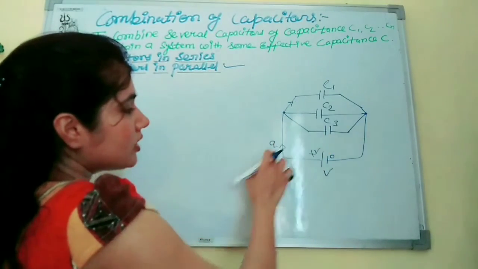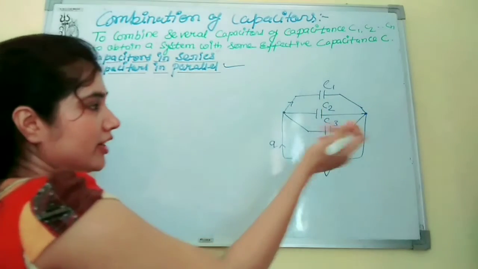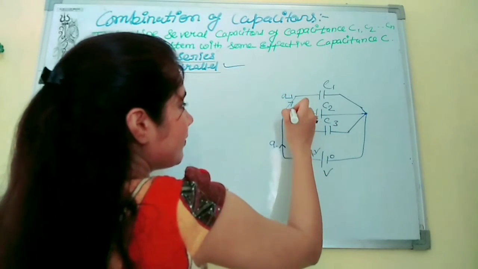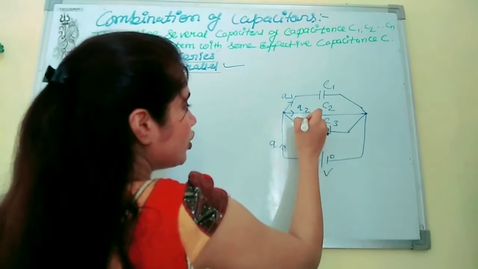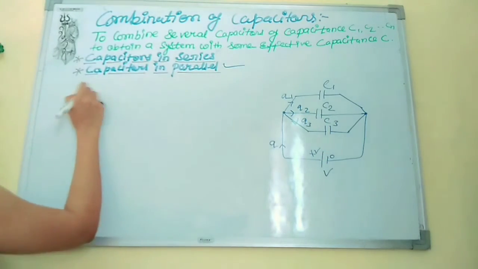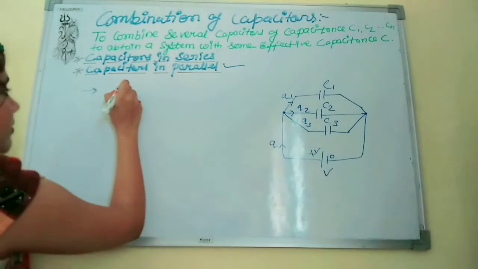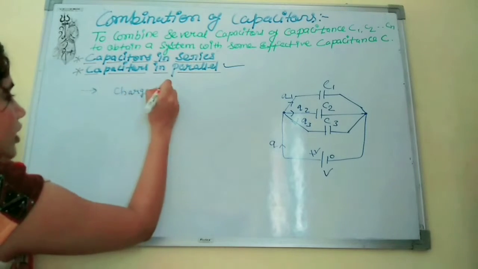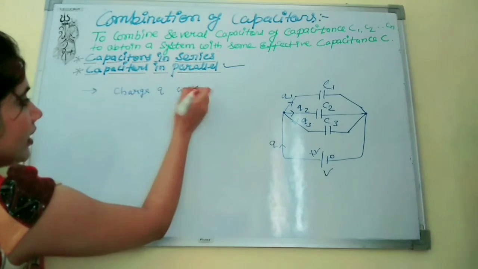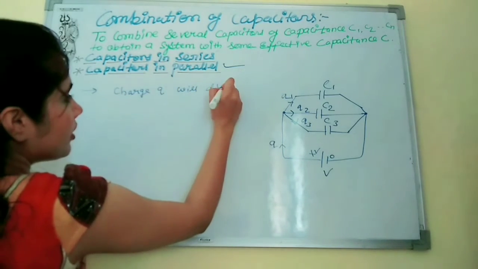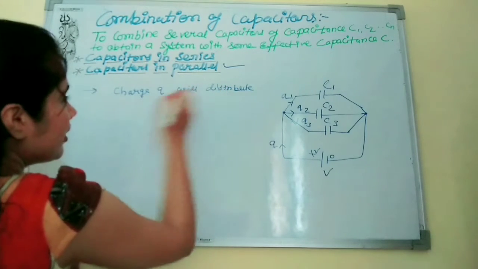Because of these three paths, the charge will get distributed differently, that will be Q1, Q2 and Q3. So note this one point: the charge Q will distribute differently.